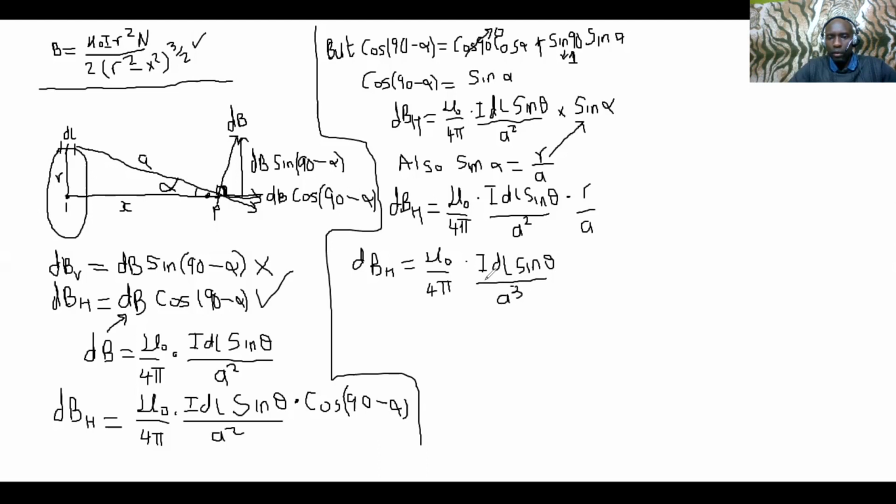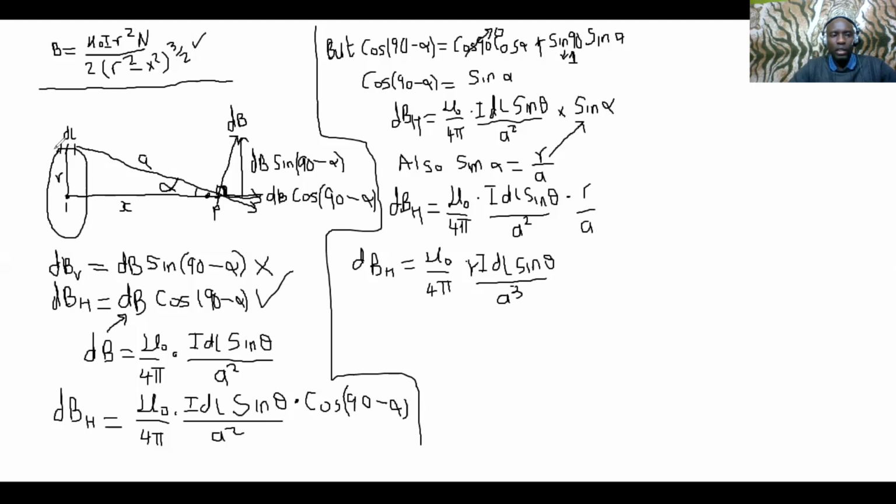But here we multiply by R. We have R somewhere there. Now this is the expression for magnetic field, for the horizontal component of this element.